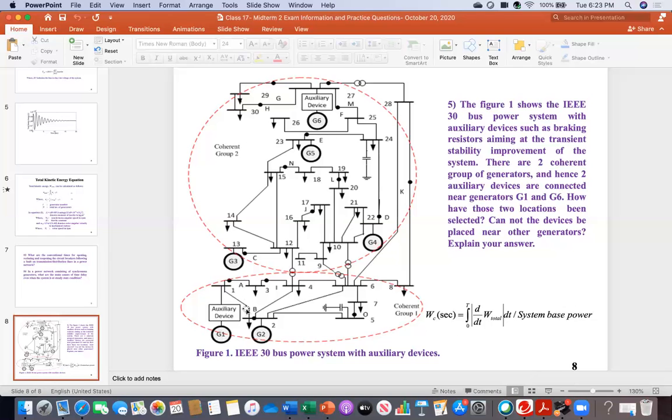Before placing any device, in real practice, what is done? You calculate the WC. For example, you consider a fault in the system. For example, here there is a fault, or here. In every system there is a severest point, and you assume the fault there. And then you calculate the WC.